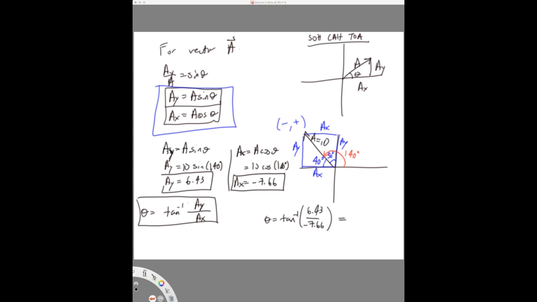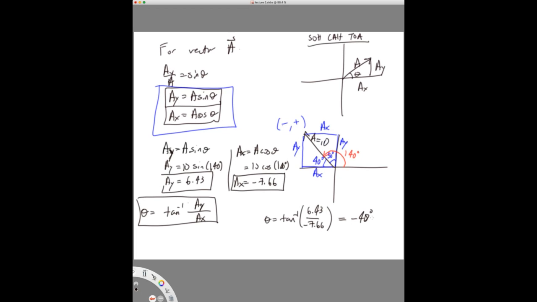And up to a point. Now here's where our brain has to do some work for us because we are smarter than our calculator. Now 6.43 divided by negative 7.66, and I do the inverse tangent of that, and I get negative 40 degrees. So our calculator, in this case, gives us the wrong answer, okay?